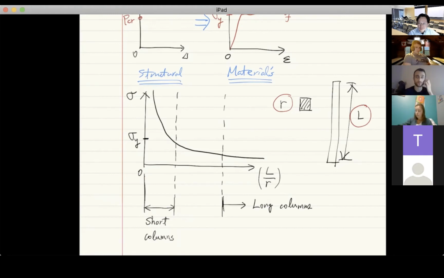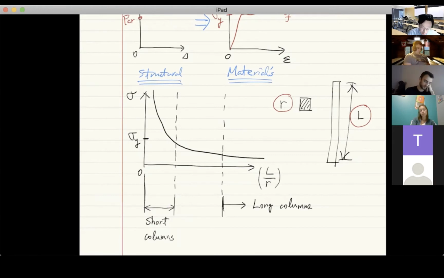Now, that leads us to what? That leads us to the region in between, right? That is really what your company needs you for. They already have equations for long columns and short columns, but when it's an intermediate column, that's a tricky one.